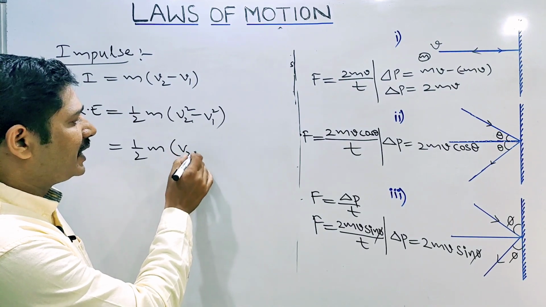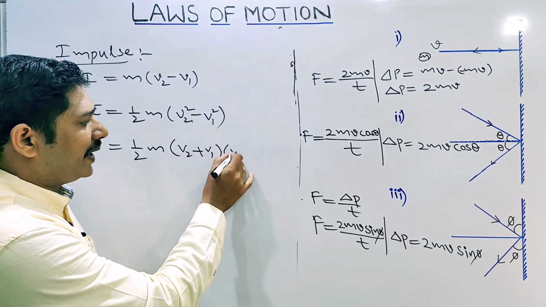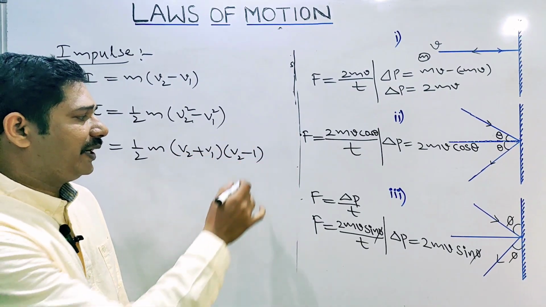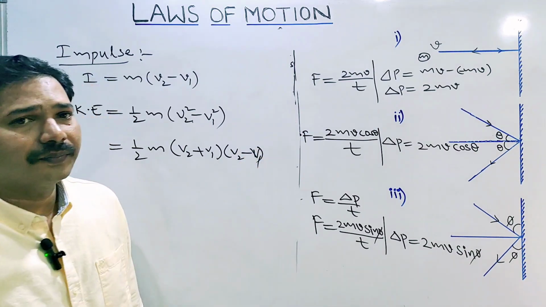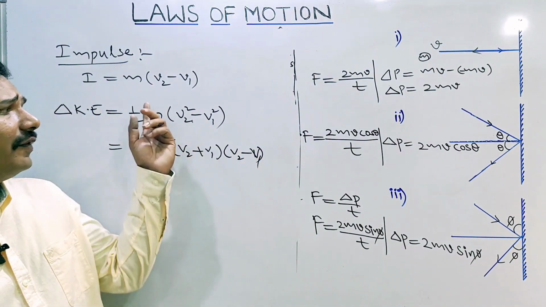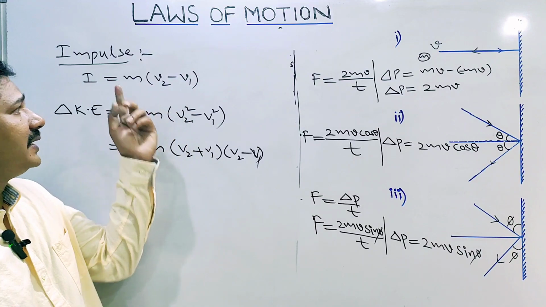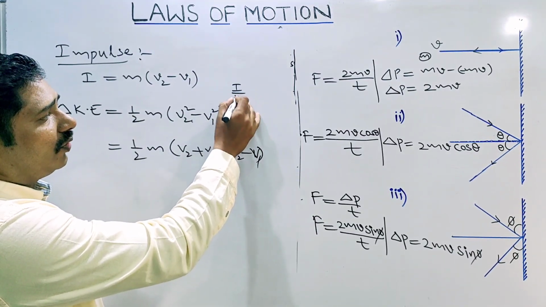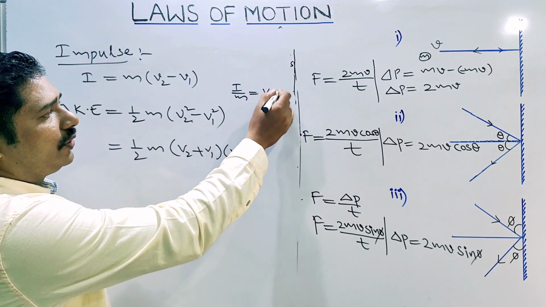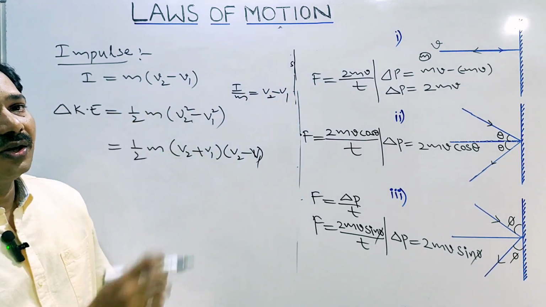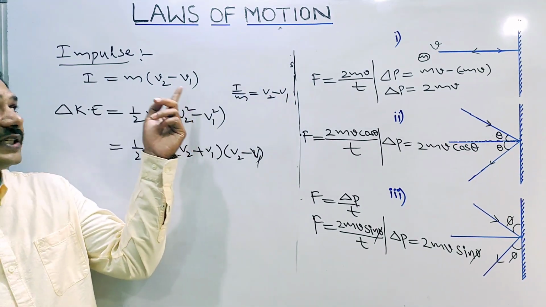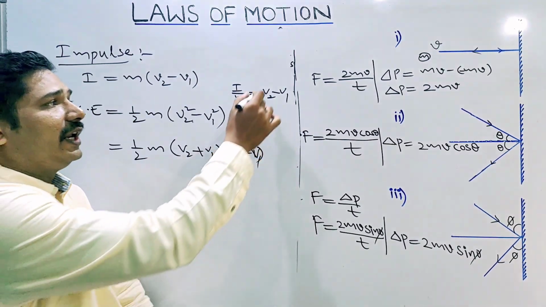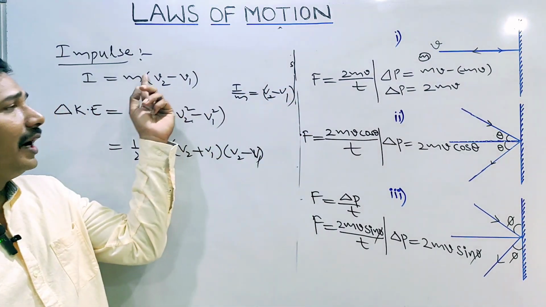(a plus b) into (a minus b). Here, instead of v2 minus v1, from this equation I want to write I by m equal to v2 minus v1. From this, I equals m into (v2 minus v1), so v2 minus v1 equals I divided by m.